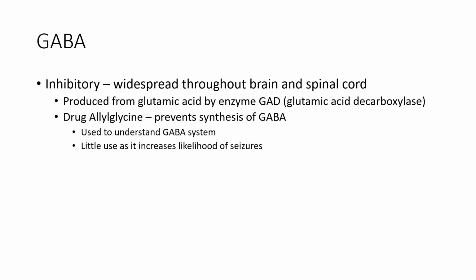So if you think about muscle movements, it's going to depress or slow those. So if you give a drug that prevents GABA, then you're not going to have that inhibitory reaction through the body. So you're going to have more muscle movement, more activity. For someone who already suffers seizures, it could actually increase the likelihood that they would have even more seizures.